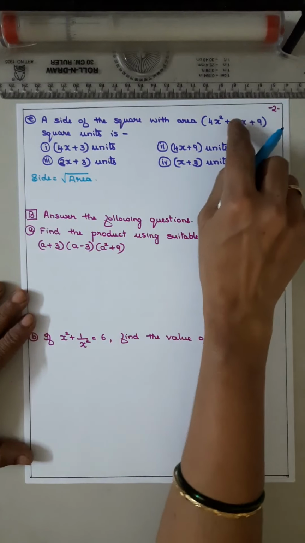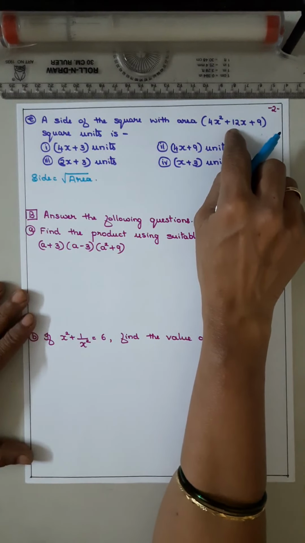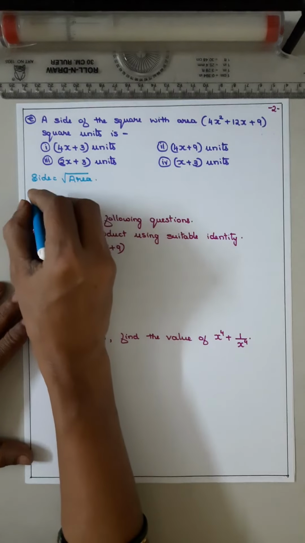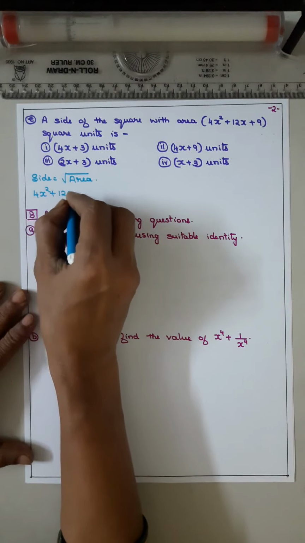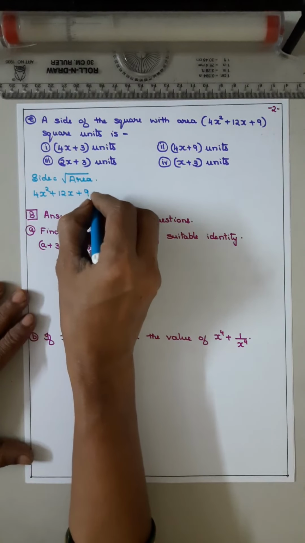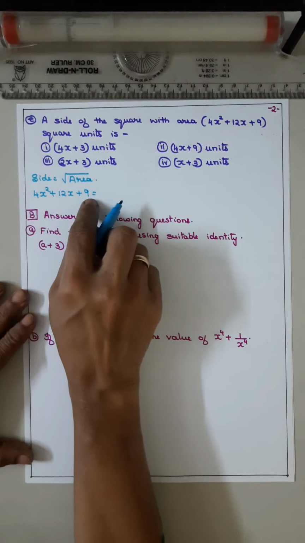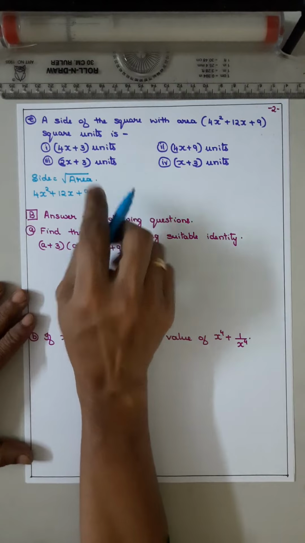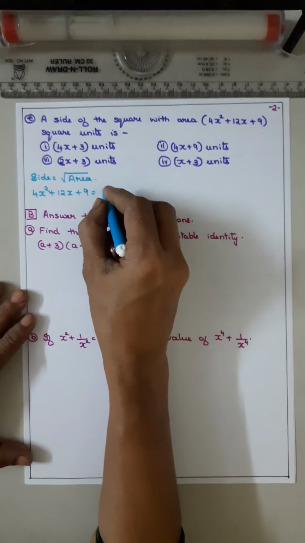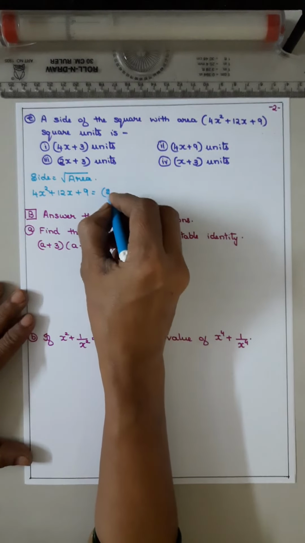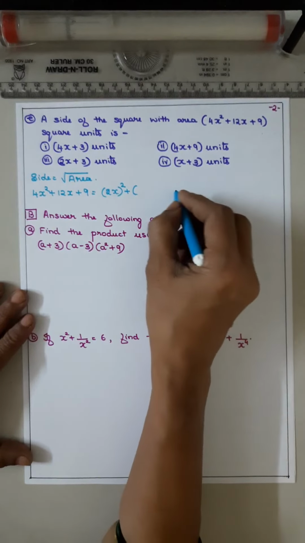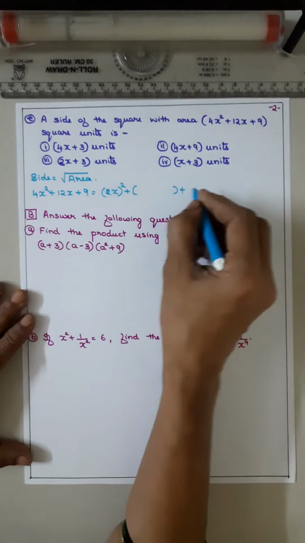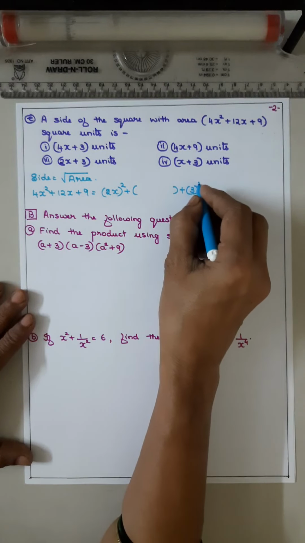Now first look at this, factorize it. 4x squared plus 12x plus 9. Now the first and the last, are they squares? Yes. So 4x squared can be written as (2x) whole squared, and 9 can be written as 3 squared.